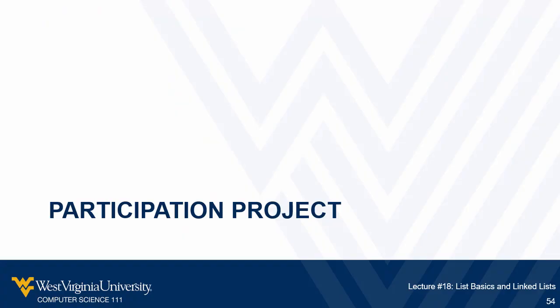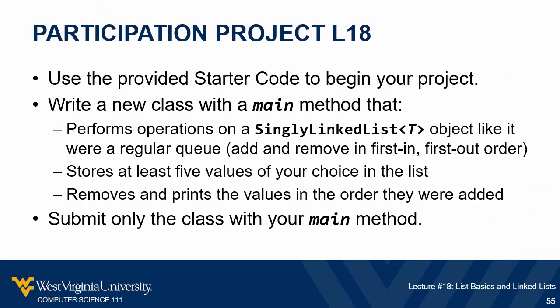For this lecture's participation project, I want you to download the starter code for the participation project from eCampus. That starter code will contain the singly linked list class that we've created here as part of this lecture, as well as our singly linked node class and our list interface.